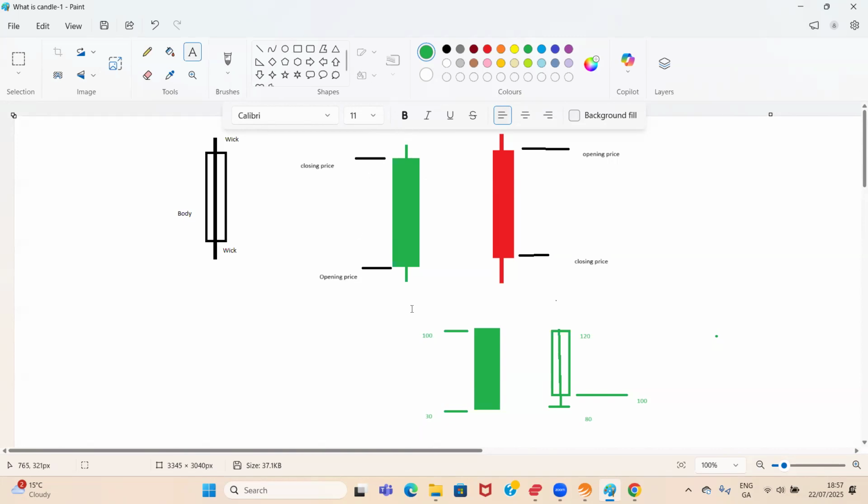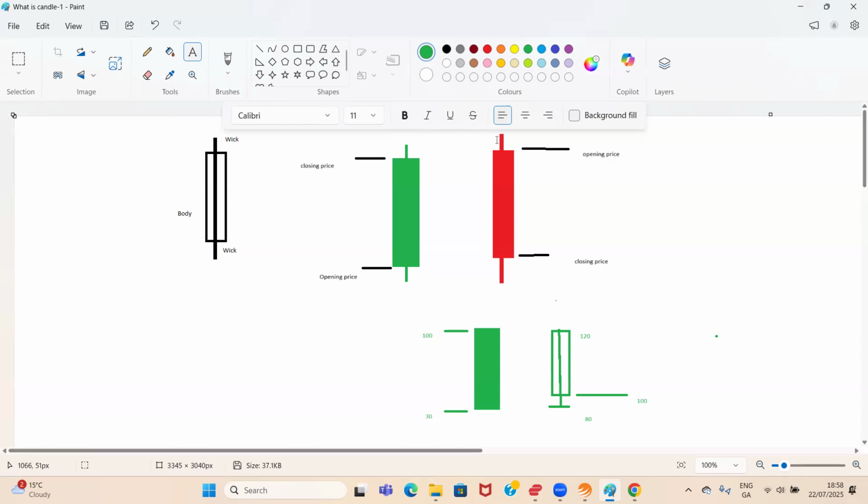Then you will see these kinds of candles. The wicks are the imbalance in the price action. When there is a buyer who wants to buy it and a seller who wants to sell it, somebody is dominating the other. That's when you will see the imbalance, and that's when you will see these wicks getting created.